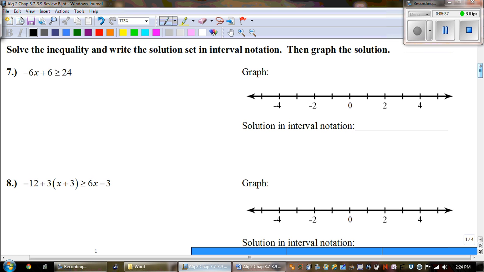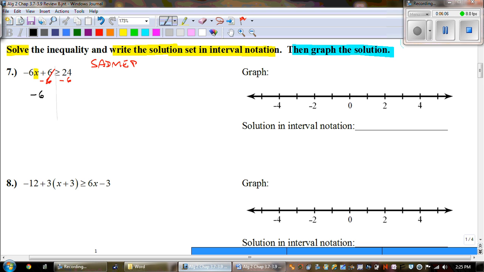All right, number 7. For these ones, it's asking us to solve, write the solution set in interval notation, but then we have to graph. Okay. So first thing we're going to do is draw the line down the middle and solve for x. So I have to subtract the 6 from both sides because we're following the rules of SADMET.